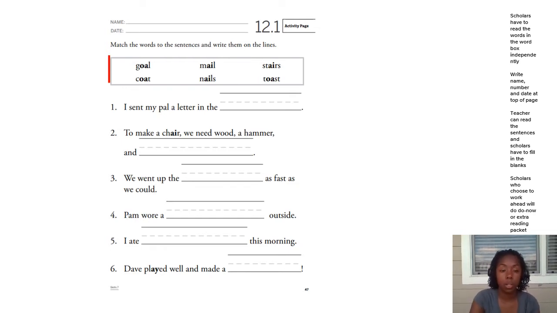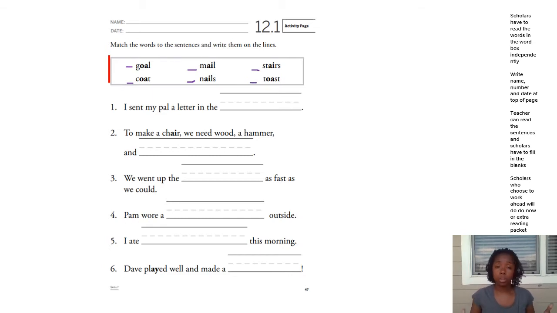First word up here is goal. Next word here is mail. Next word is stairs. Next word is coat. Next word is nails. Last word is toast.